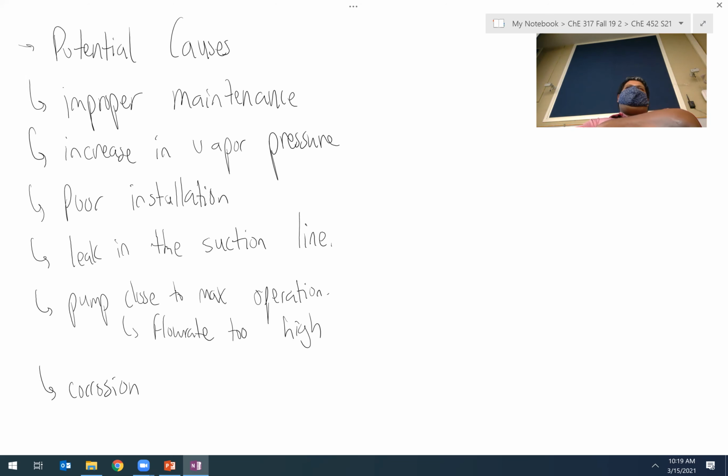Which of these can we actually investigate without actually being in the plant? I'll give you an easy step. We can't really check corrosion. We can estimate it if we know the materials of construction, what material it's made out of.